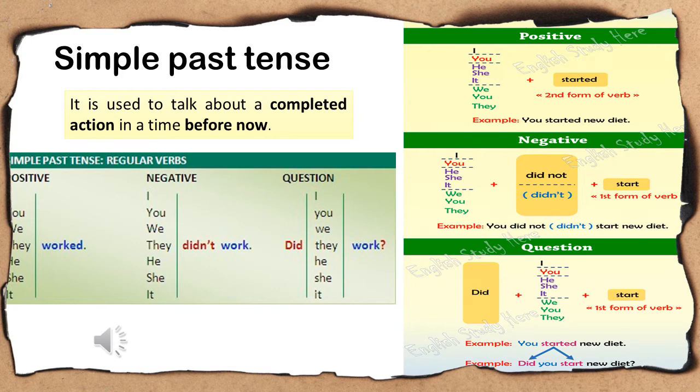In the negative form, first we are going to write the subject, then didn't, then the verb in the base form without ed. And as a question, first we are going to write did plus the subject plus the verb in the base form without ed, and then the complement.